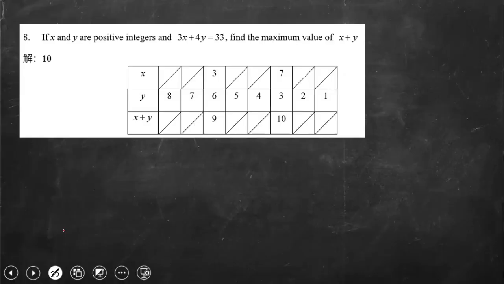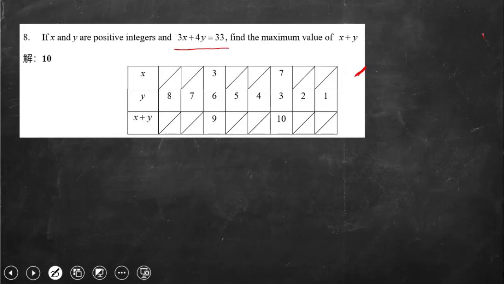If X and Y are positive integers and we have this equation, find the maximum value of X plus Y. So in the solution, it used trial and error.